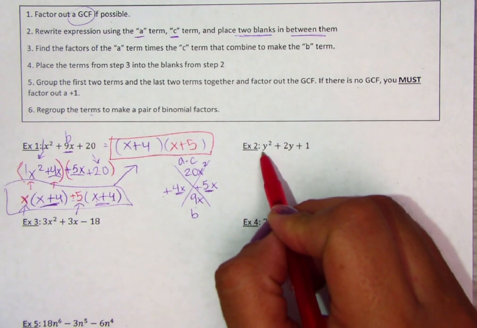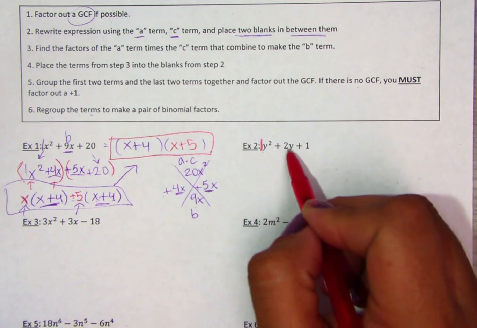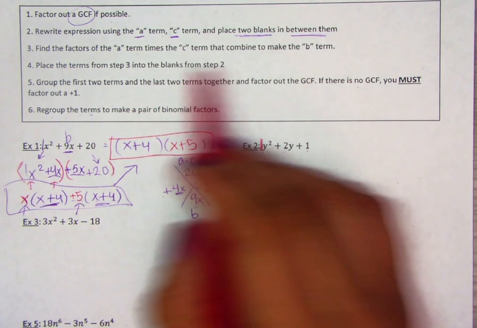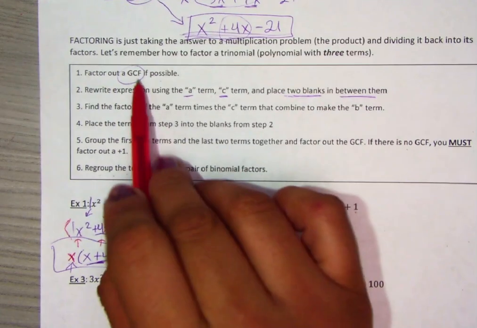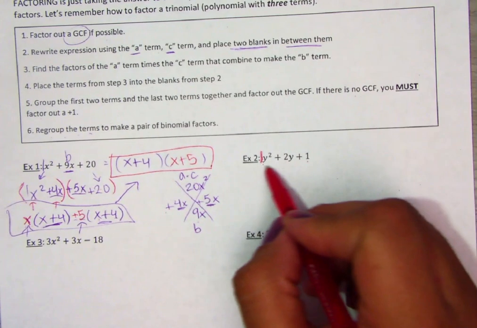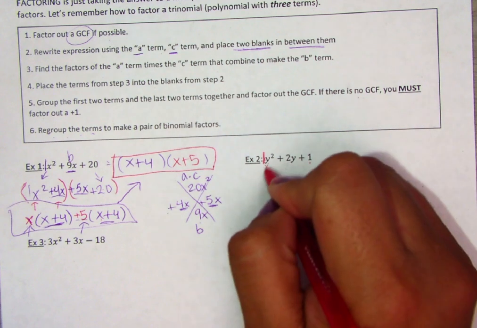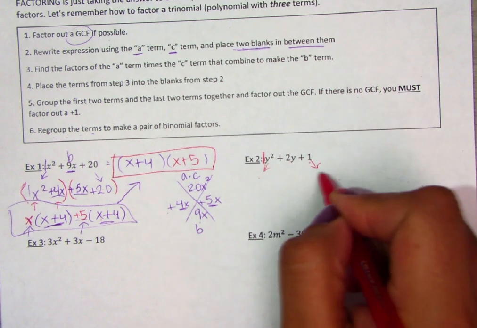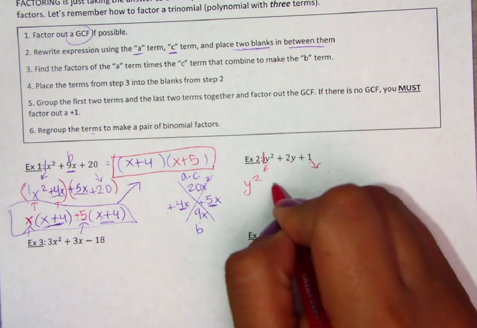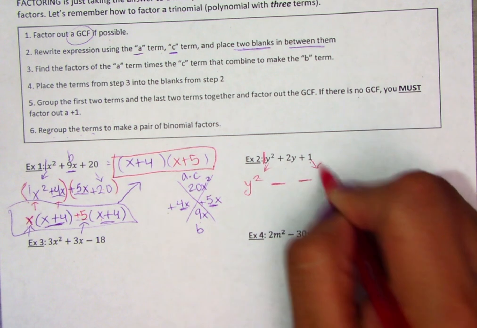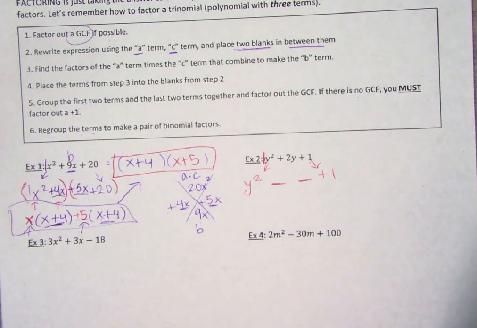This is y squared, which has a 1 in the front, then 2 and 1. Again, first step, GCF. This does not have a GCF: 1, 2, and 1. Next, we're going to rewrite the first term and the last term, so just y squared, leave some spaces, and then plus 1.